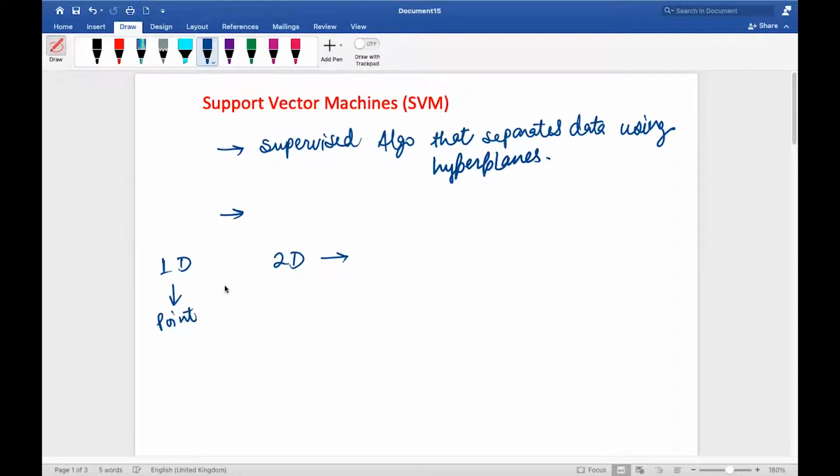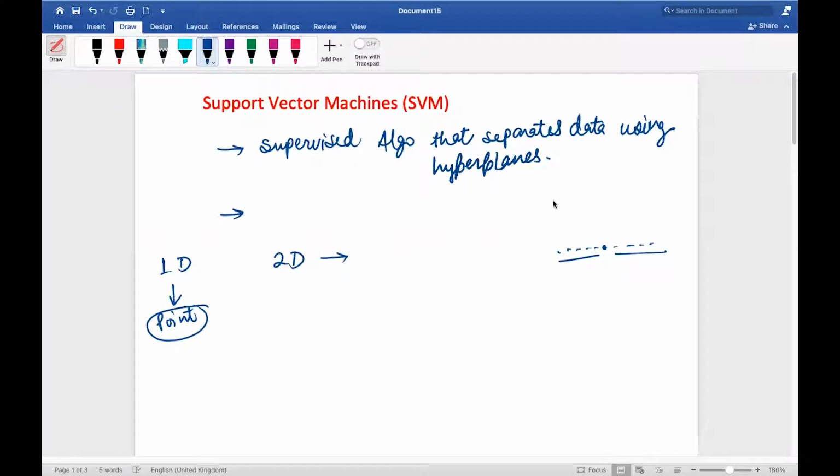If all the points are in a single axis, either horizontal or vertical, I can draw a point and that can separate half of the points on the left and half on the right. So a point can separate all other points in one dimension, correct?